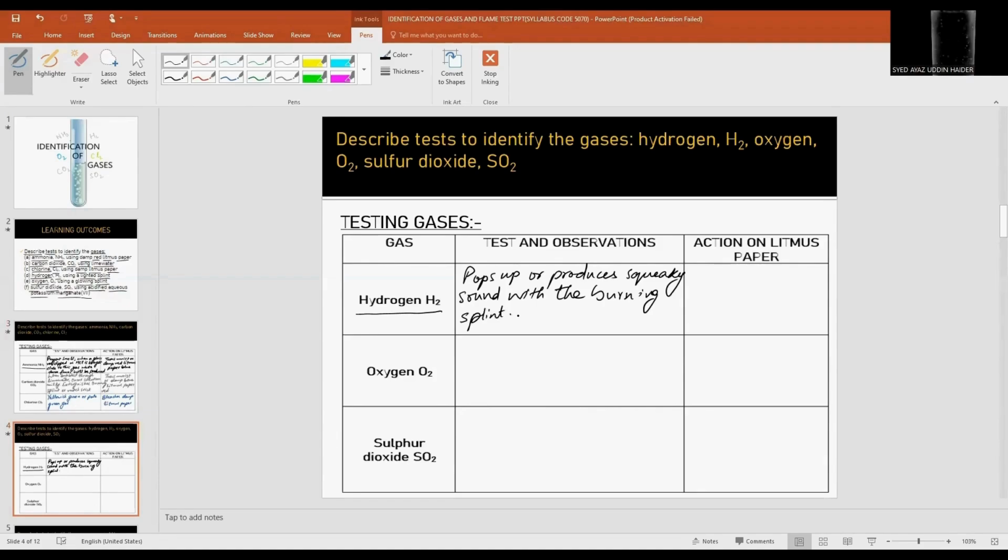It's colorless and an explosive gas. There is no action on litmus paper.